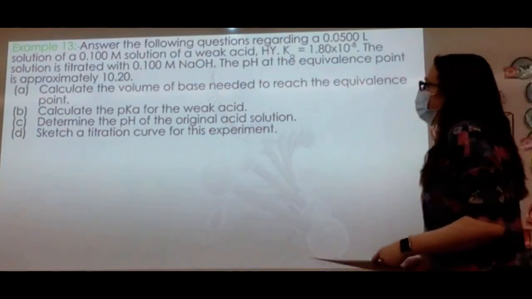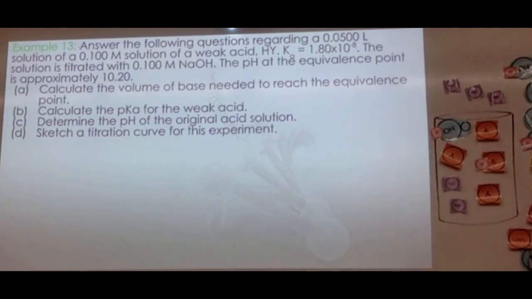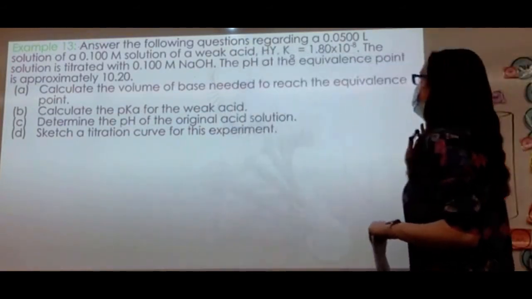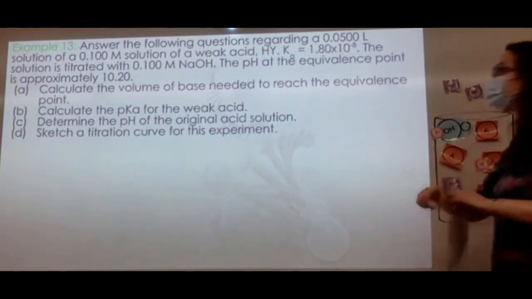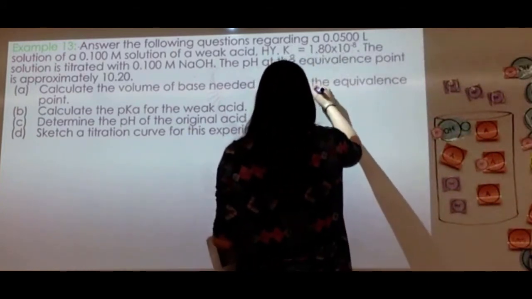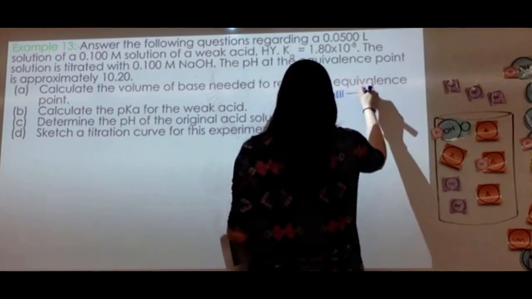The solution is titrated with 0.1 molar NaOH. The pH at the equivalence point is approximately 10.2. So they gave us a lot of information here. And what I want to do off to the side is think about what we know. In this, we have HY being titrated with NaOH.